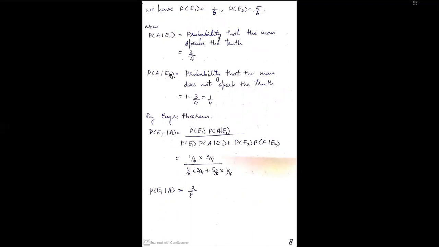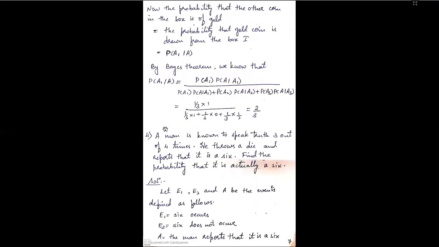The probability of A given E2, the probability that the man does not speak the truth, is the negation of the probability of A given E1. So we have 1 minus 3 by 4, which is equal to 1 by 4. From Bayes' theorem, we need to find the probability of E1 given A, that is, the man reports that it is a 6 and a 6 actually appears.